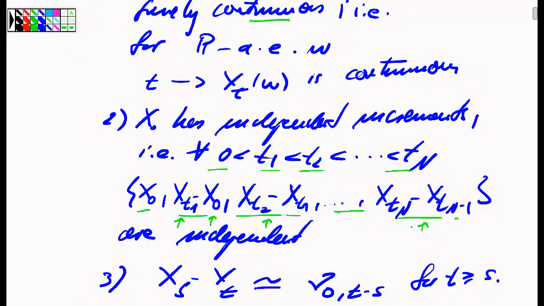And what this is supposed to say is that the difference in position that you see between time 2 hours and time 1 hour is stochastically not connected in any way to the difference in position that you see when you compare the position at time 1 hour and 0, for instance.